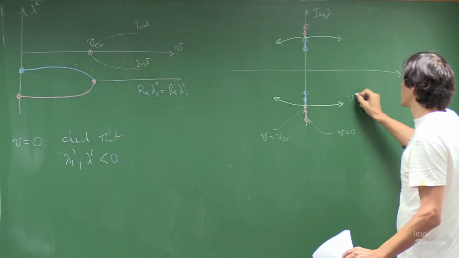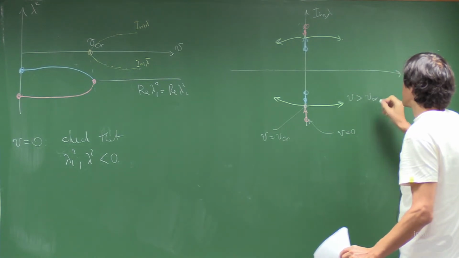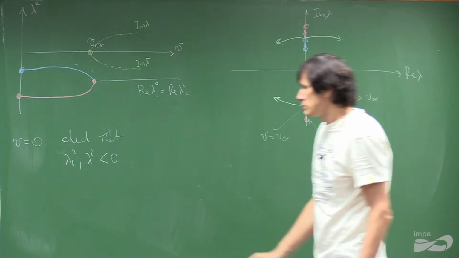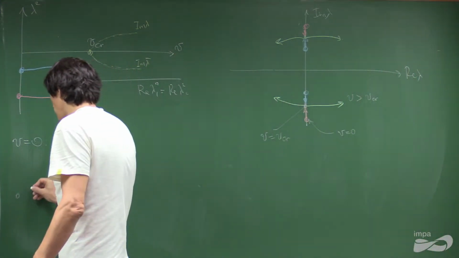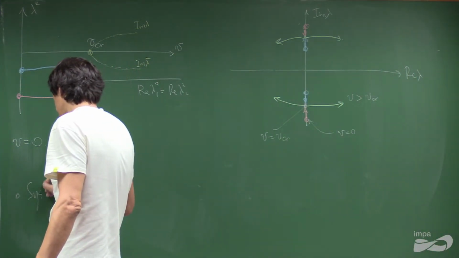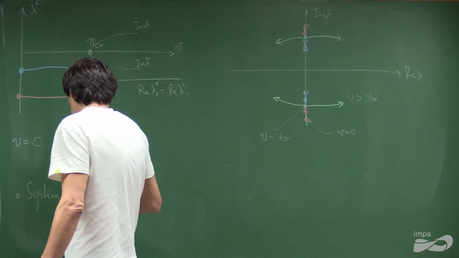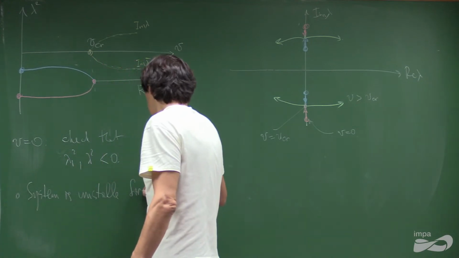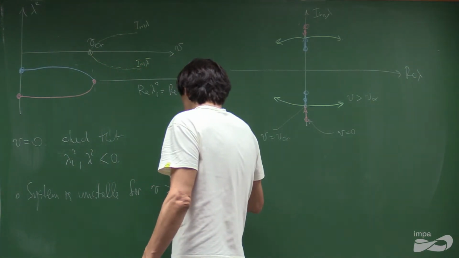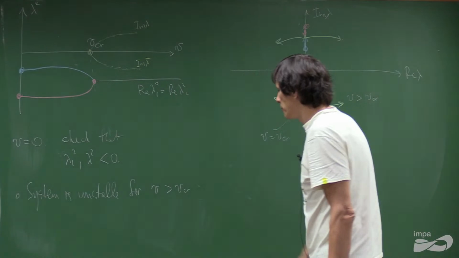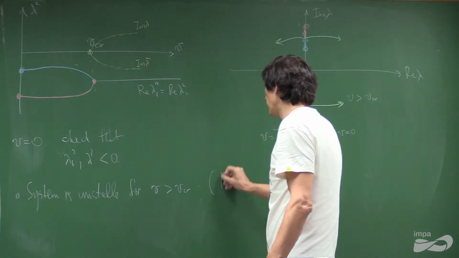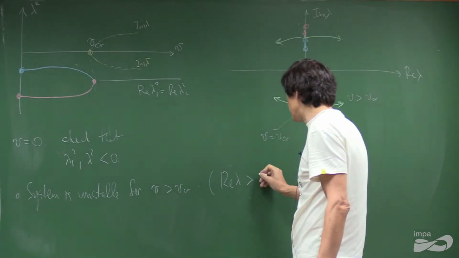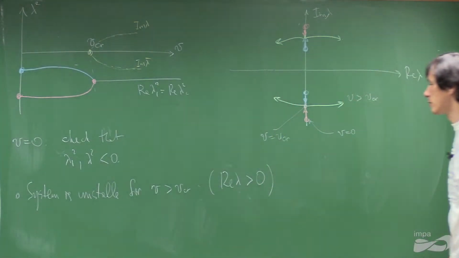And this corresponds to velocity bigger than velocity critical. So what you see is that the system is unstable for velocity bigger than velocity critical because we have one eigenvalue, at least, in fact, in that case, two eigenvalues with a real part bigger than 0.